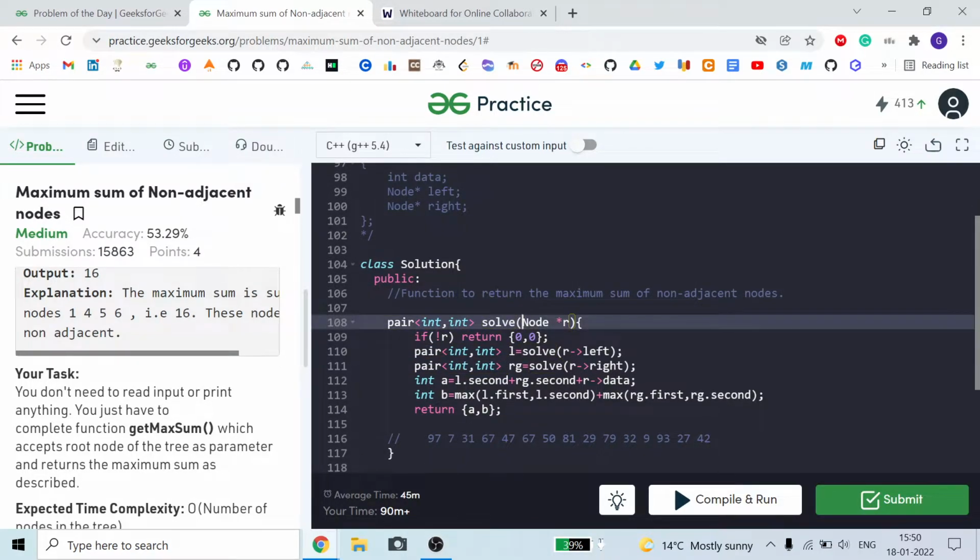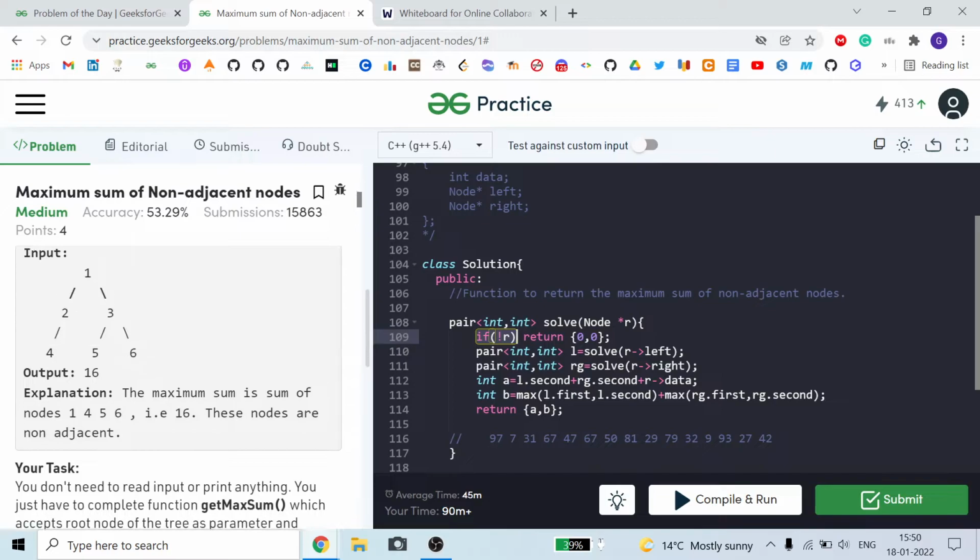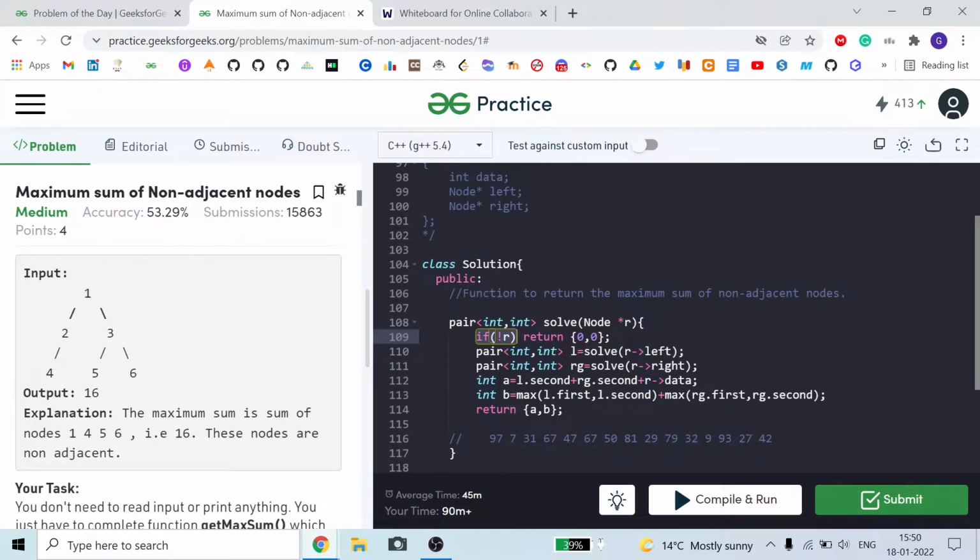This solve function will take a node star root, the address of the root node, and it will return this. If our r is equal to null, like if our r is pointing to the right side of 2, then it will return 0 comma 0 because we don't have any sum.